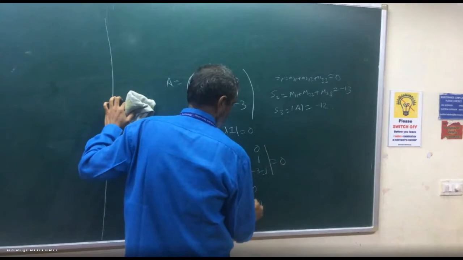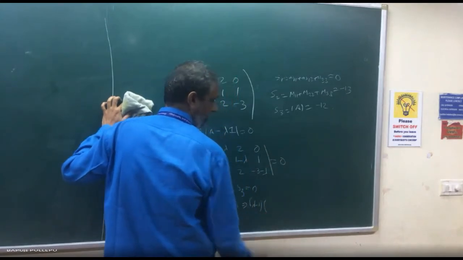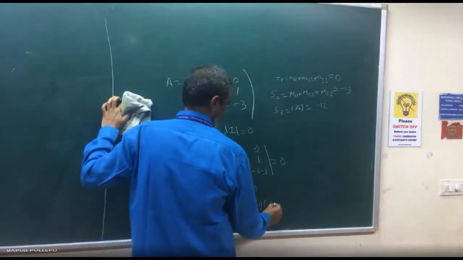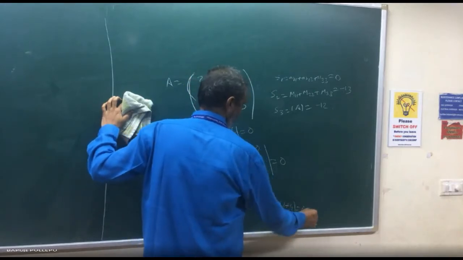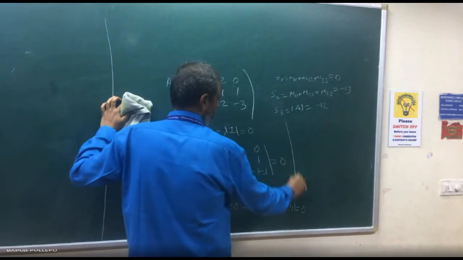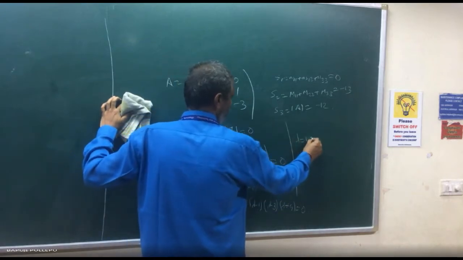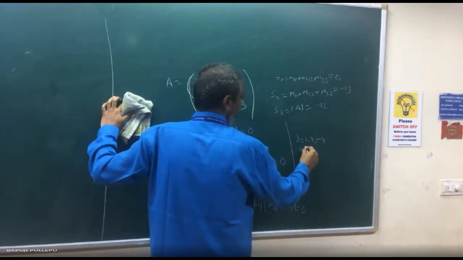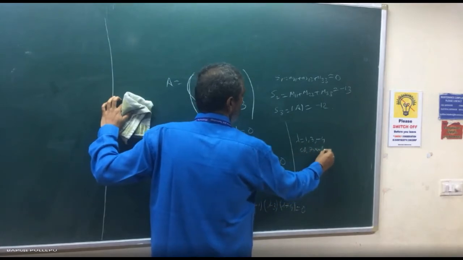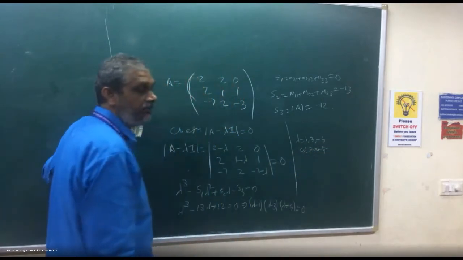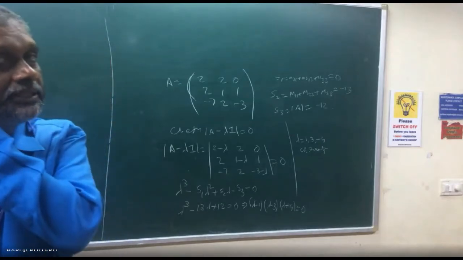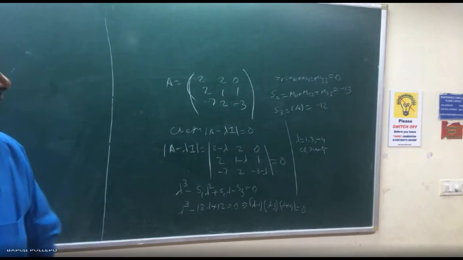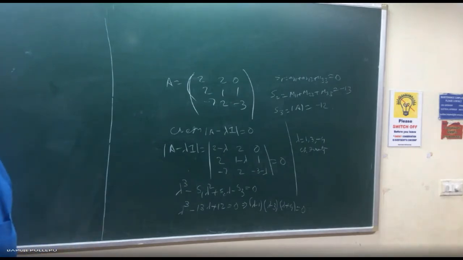Directly I will write lambda minus 3. So lambda is equal to 1, 3, minus 4, the characteristic roots. Already I told you, eigen means characteristic, so characteristic roots are eigenvalues. Both are the same.